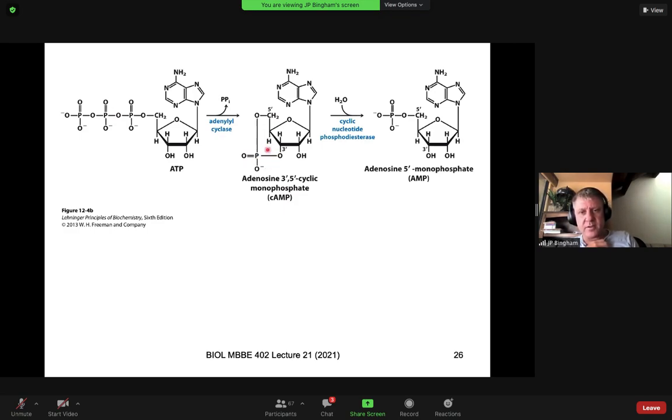So we then have the capacity to put the hydrogen group here, an oxygen, and then put another oxygen on the phosphate, producing the monophosphate version, in this case adenosine 5'-monophosphate. Indicating 5' indicates where the phosphate group is. It's not left on the 3', it's on the 5'.